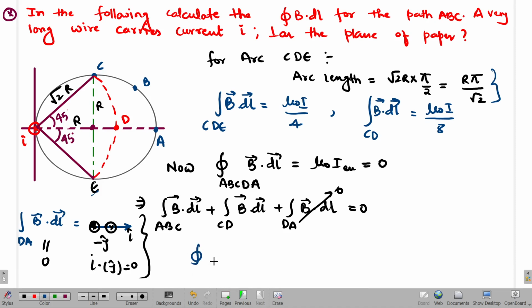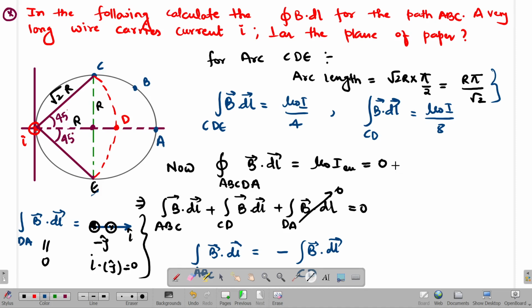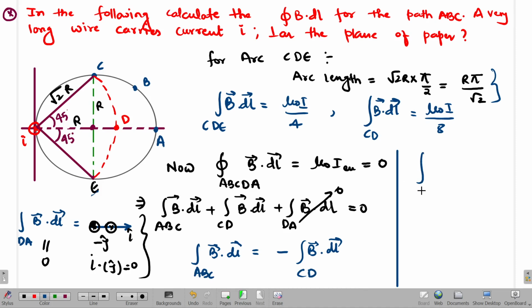So therefore integral ABC B vector dot dl vector is minus integral B dot dl for CD. So if I consider the magnitude of it, integral ABC B dot dl is simply DC B dot dl.